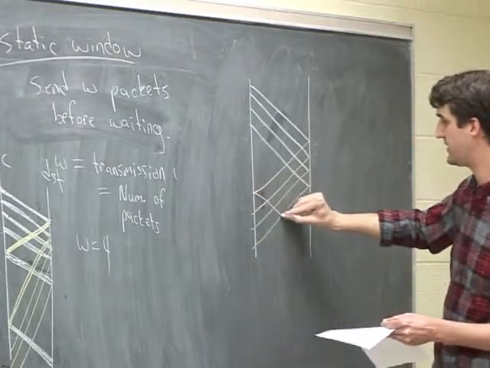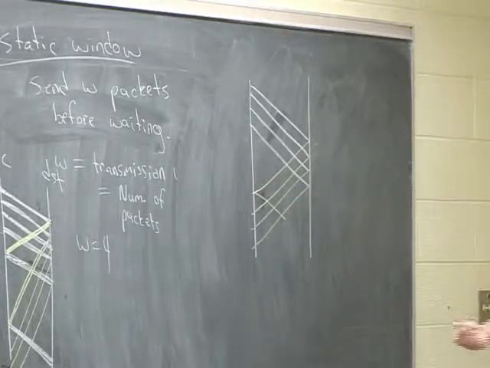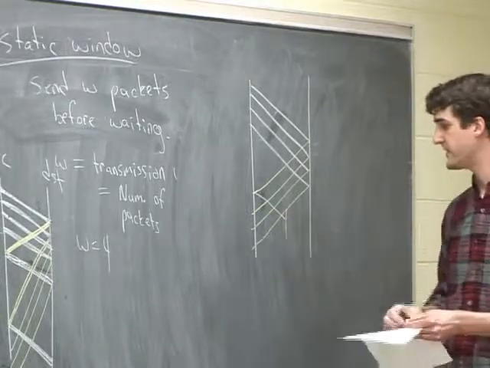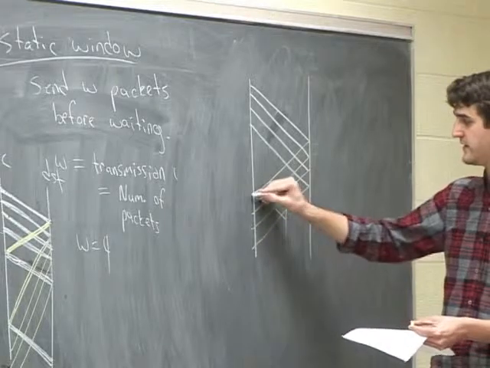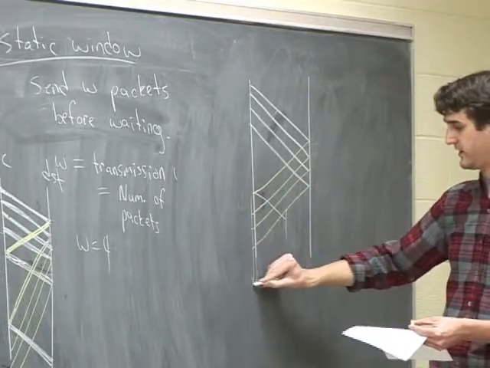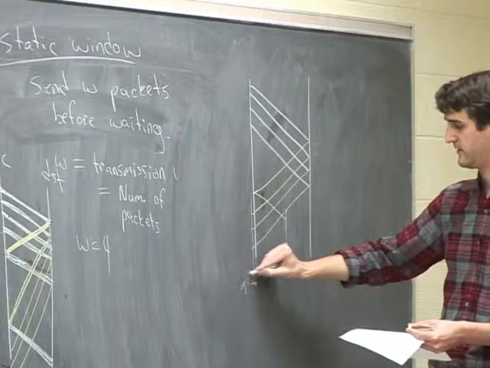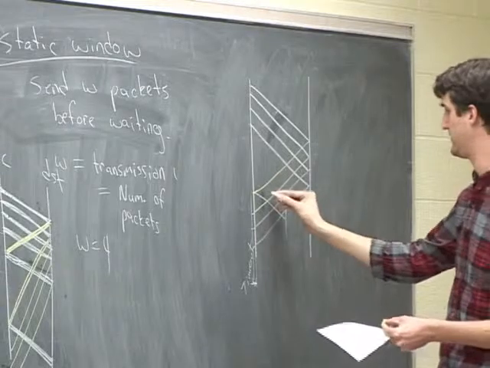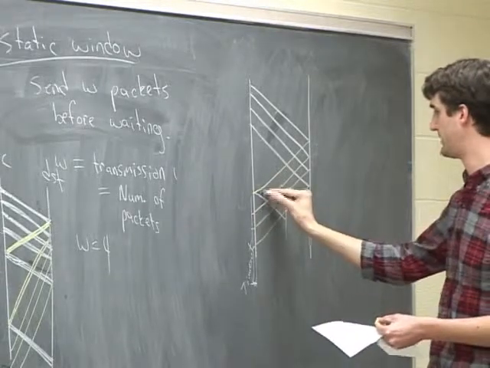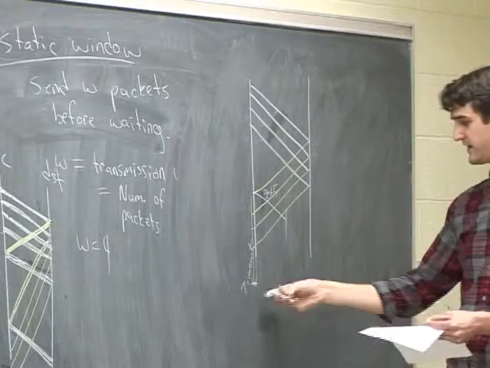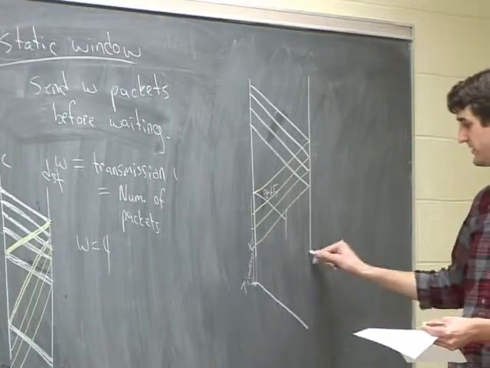Now we send here, and we're sending a little too aggressively, so this packet's lost, so it doesn't get acknowledged until the timeout happens. Let me call this packet 5. Once packet 5 times out, then it'll be retransmitted.